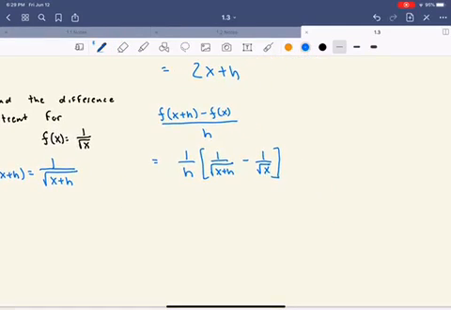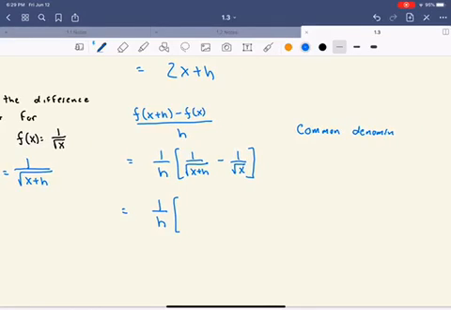Okay, now we're going to have to do our algebra magic. 1 over h. Now, we have to subtract fractions here. What's our common denominator? Our common denominator is the square root of x plus h times the square root of x.